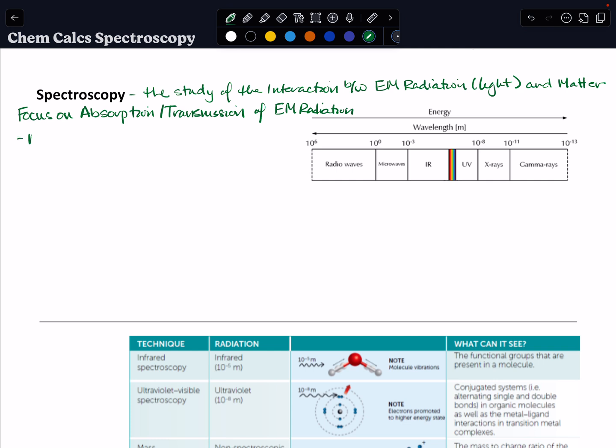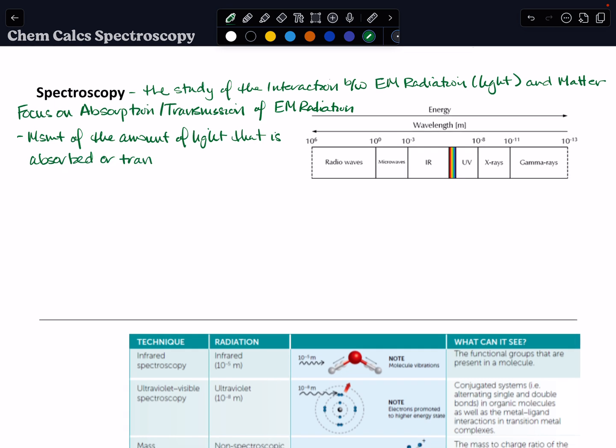All right. So, what this really is, is the measurement of the amount of light that is absorbed or transmitted by a sample.